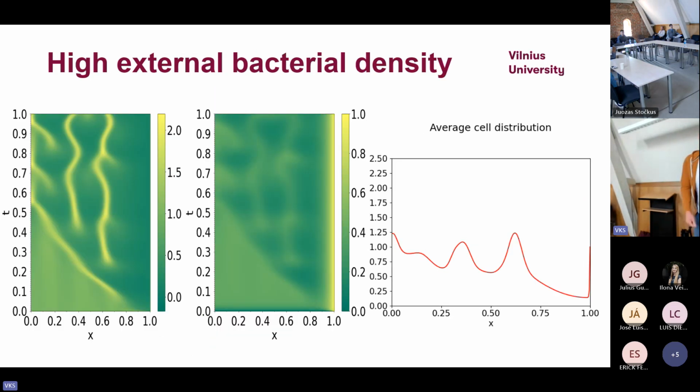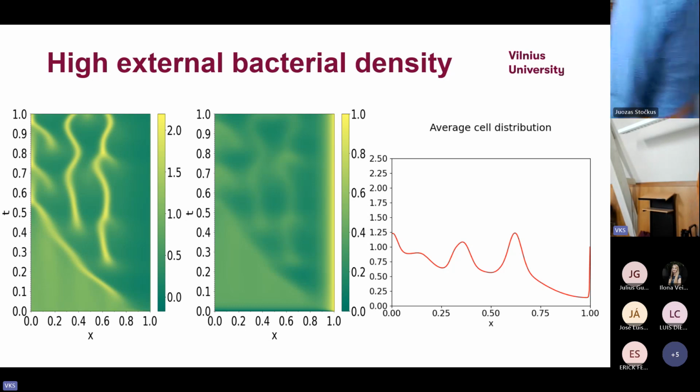Moving on to the Dirichlet boundary condition, at first a really high value was selected for the boundary condition. Here on the left is the same zero flux condition, and on the right is the high certain bacterial density Dirichlet boundary condition.